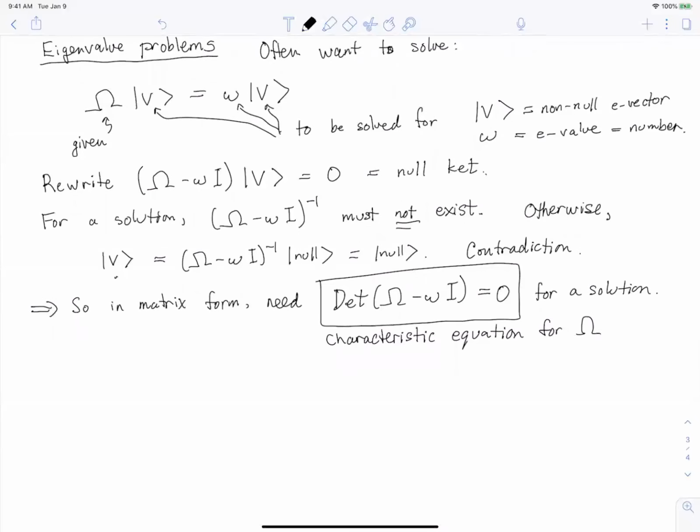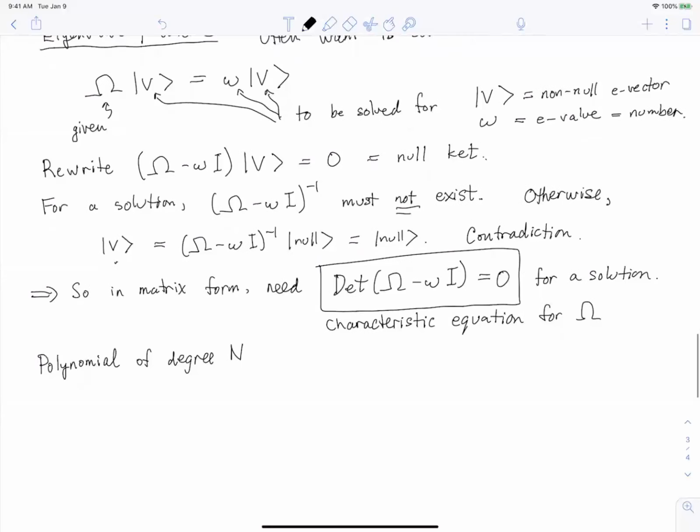So by the way, if it's an n by n matrix, this is a polynomial of degree n, if the Hilbert space has n dimensions. And the fundamental theorem of algebra tells you that it always has n complex solutions.